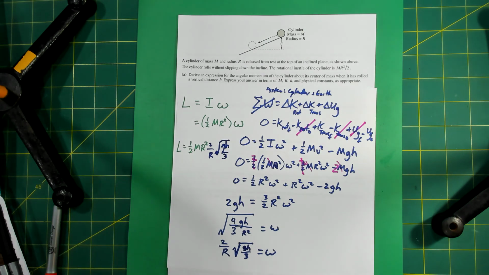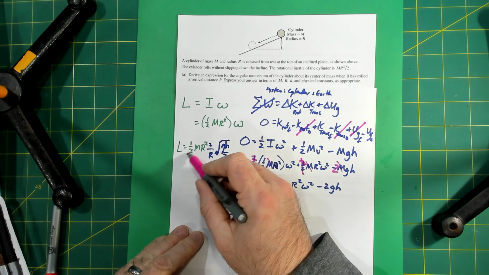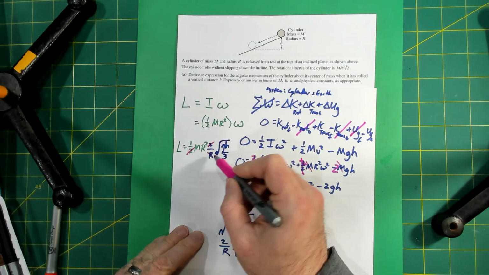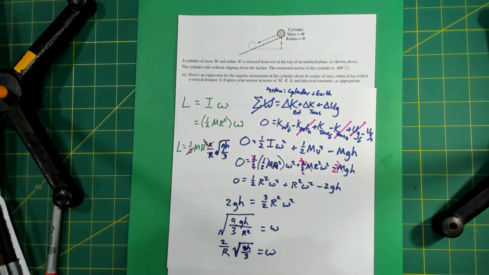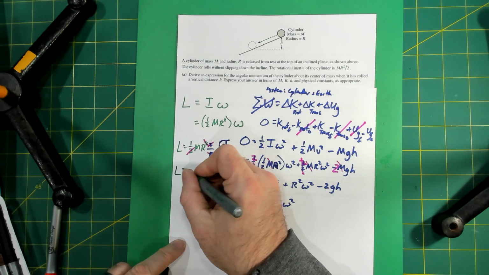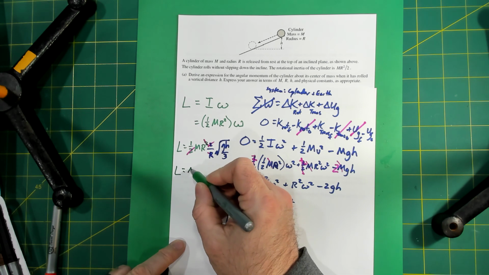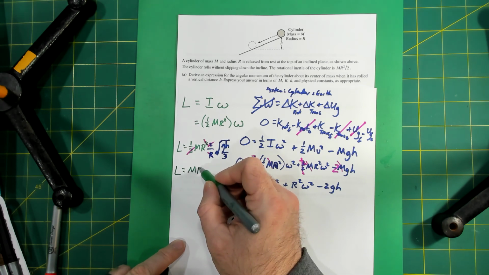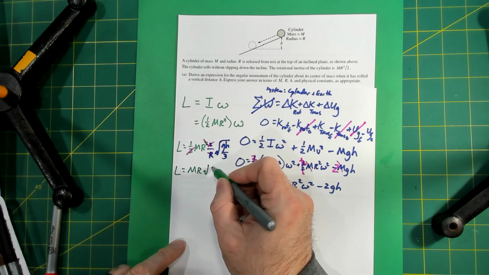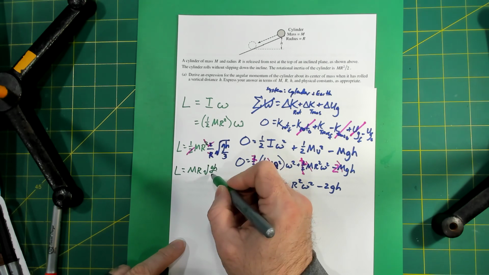Okay. And I can see this 2 on top and 2 on the bottom. This r will cancel one of those r's, that r squared, right? And so I'm ending up with an L equal to mr times the root of gh over 3.